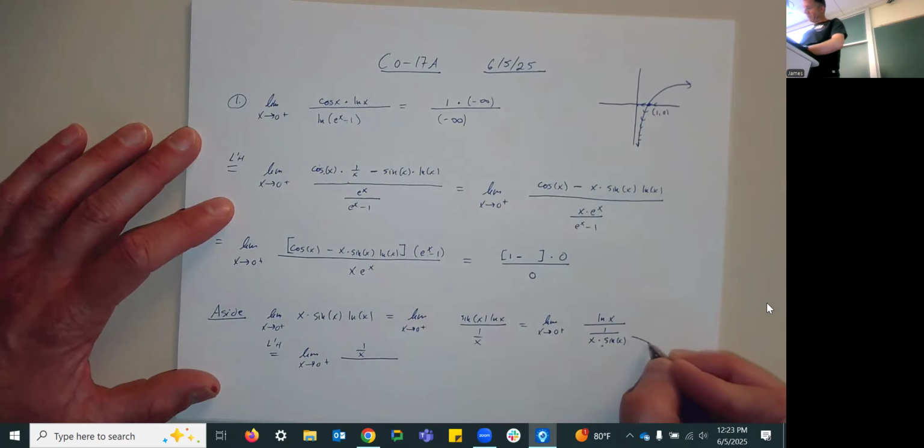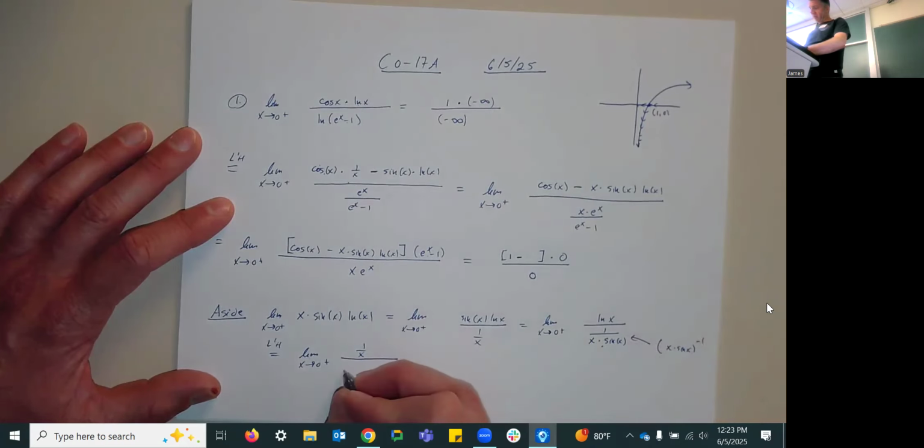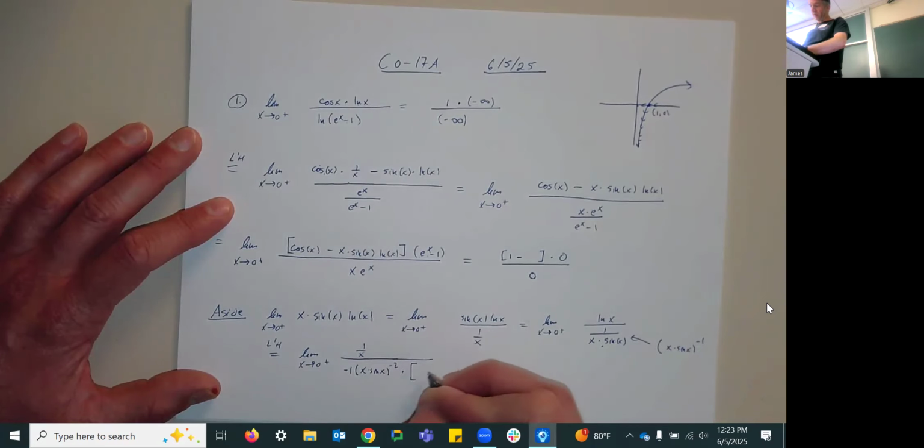I could think of this part here as x times sine of x to the -1. And the derivative is going to be -1 times x times sine of x to the -2 times the derivative of x times sine of x, which is the product rule. Who assigned this problem? Sorry. 1 times sine of x plus x times cosine of x.